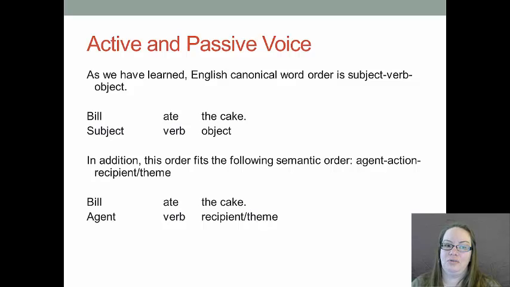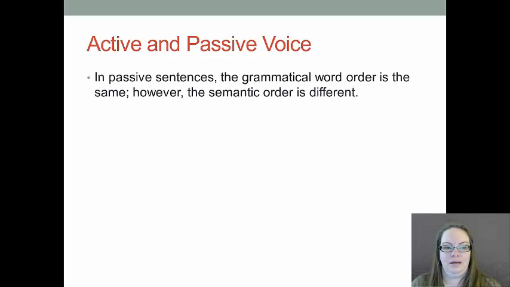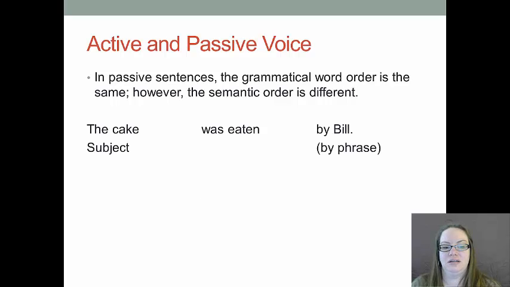We can look at the grammatical role or the syntax, and we can look at the semantic role or the meaning. When we look at a passive sentence, the grammatical word order is the same. So we still have a subject and then a verb, and then we have a by phrase now instead of an object. It's more like an object of a preposition. However, the roles switch with the semantic order.